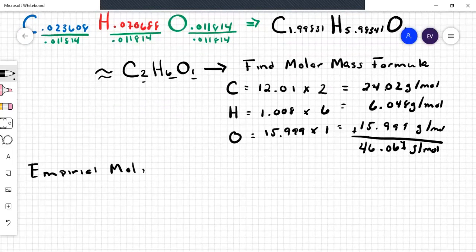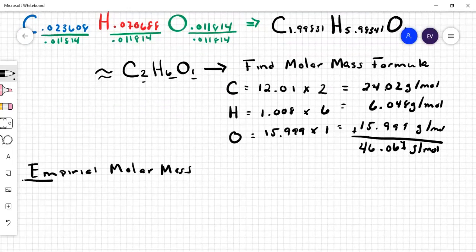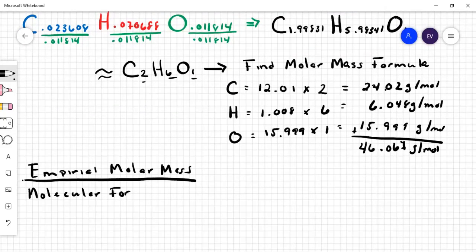So the empirical formula molar mass is going to be divided by the molecular formula molar mass, and what that does is tell us a ratio. It's going to tell us by how much the empirical formula was reduced.